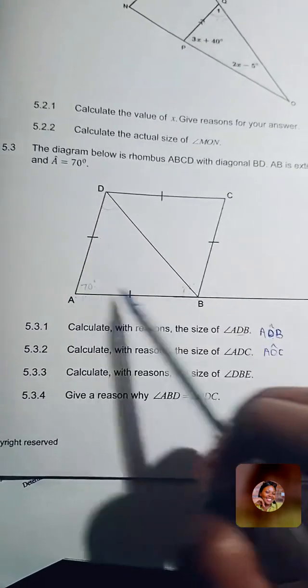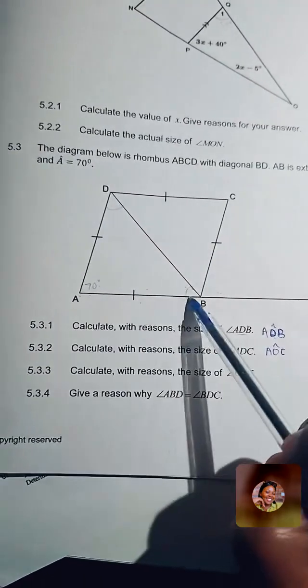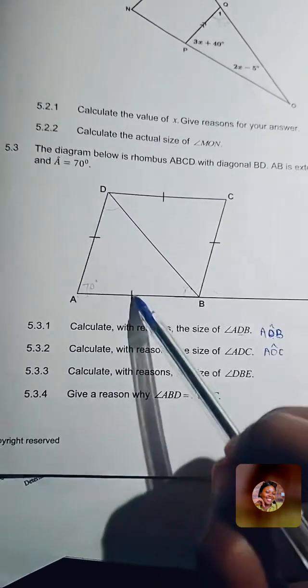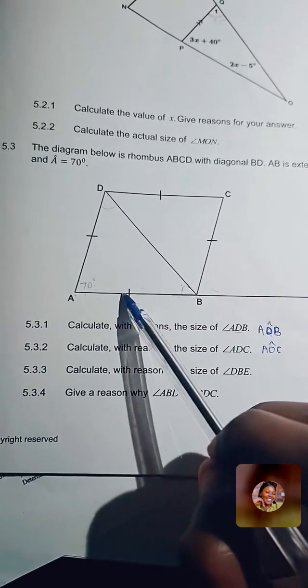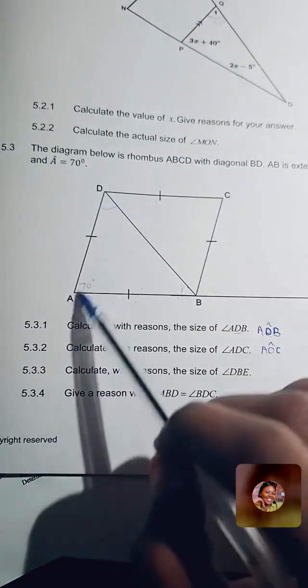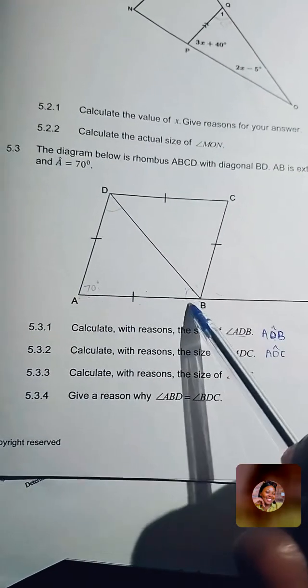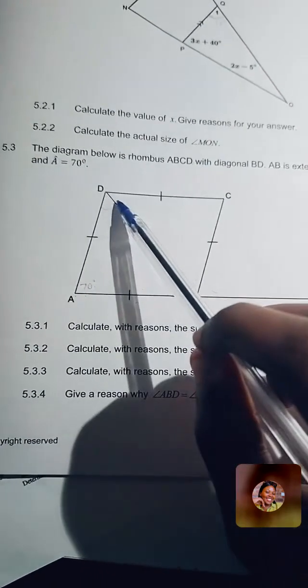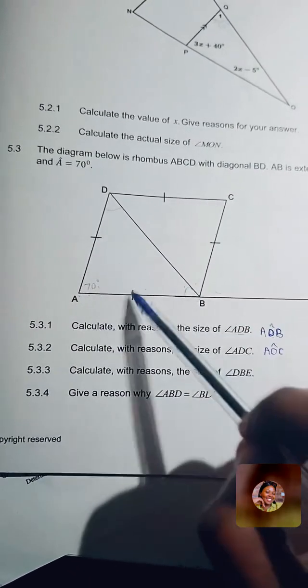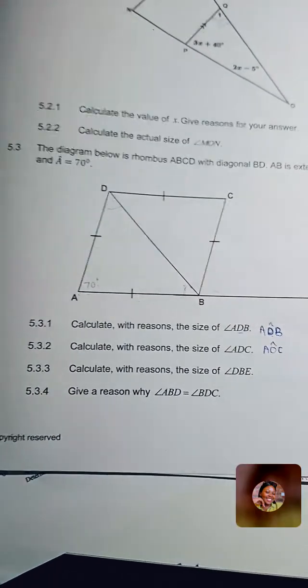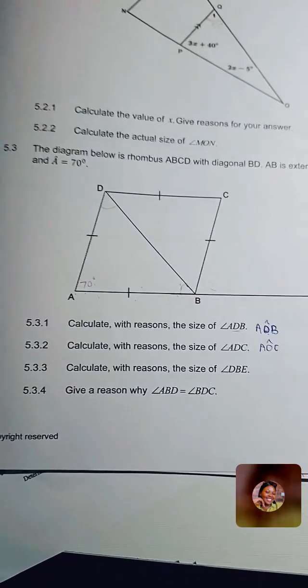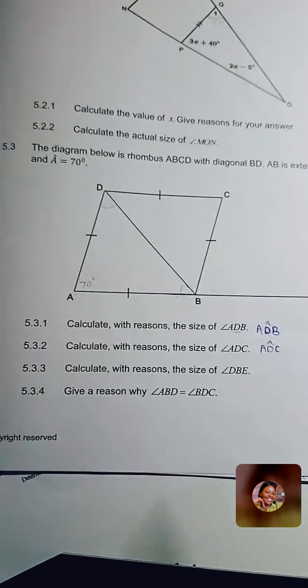What type of triangle is this, given that we have two sides that are equal? This type of triangle is called an isosceles triangle. Isosceles means there are two sides that are equal and one side that is not equal to the other two sides.